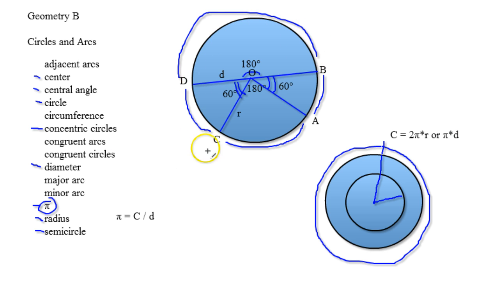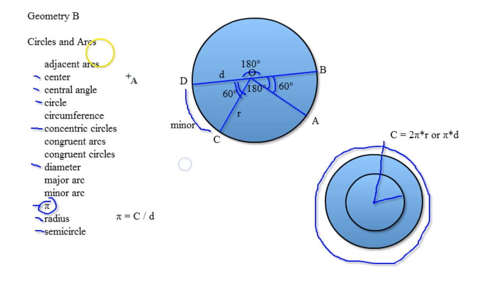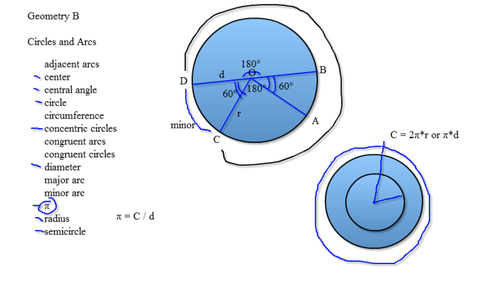Now a minor arc would be something like DC. So this will be a minor arc. Whereas if I used a whole bunch of it, that would be called a major arc. And a major arc is usually bigger than a semicircle.